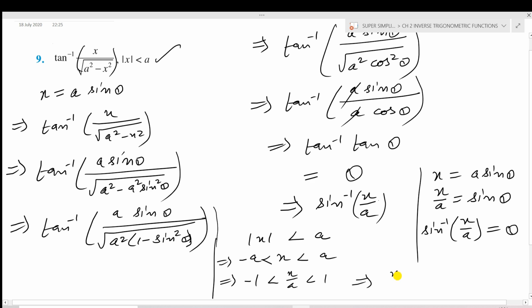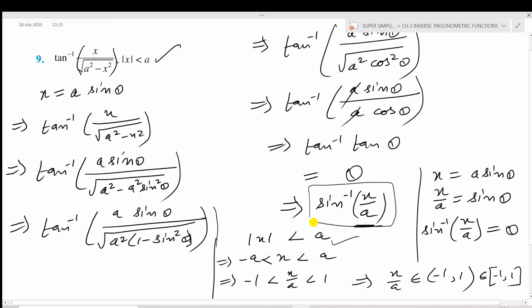This implies that x by a belongs to the open interval minus 1 to 1, which is a subset of the closed interval minus 1 to 1, and therefore the number x upon a belongs to the domain of the sine inverse function as per the given, and hence the simplified value of tan inverse of x upon root a square minus x square is this.